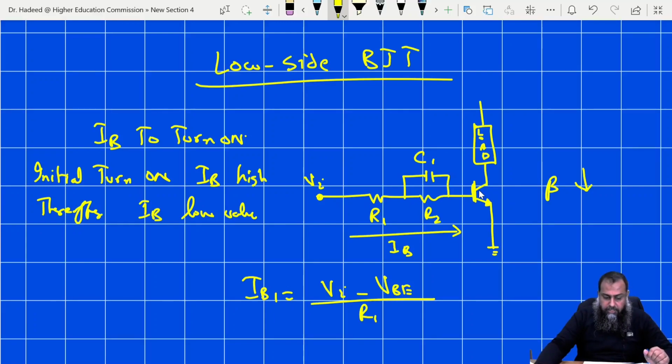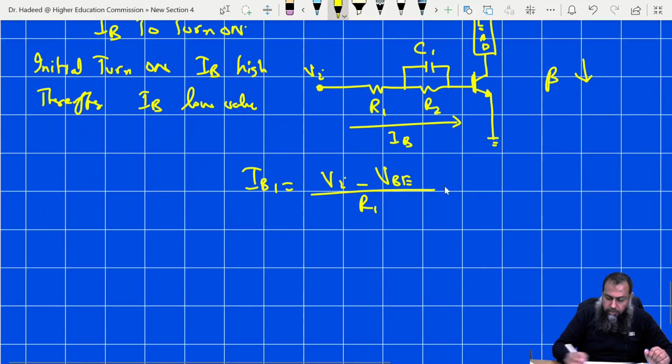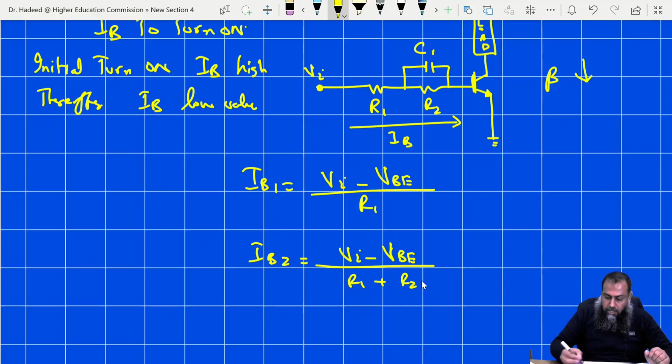Now once it is turned on, we want to reduce the amount of current, so IB2 becomes equal to VI minus VBE divided by R1 plus R2, because now this capacitor is charged, and therefore it will not allow the current flow through itself, and therefore the current shall be flowing only through these series resistances R1 and R2.